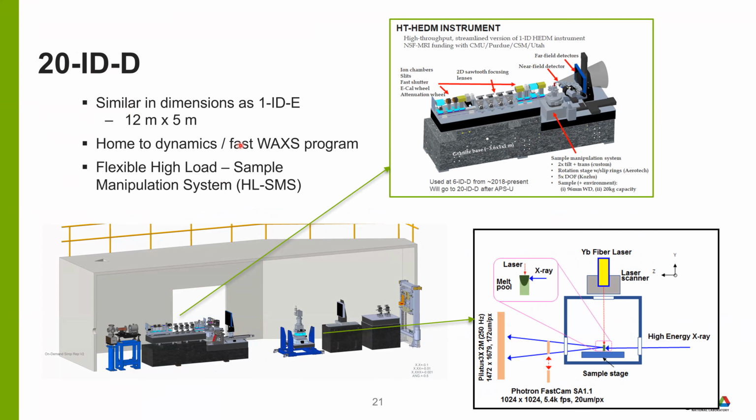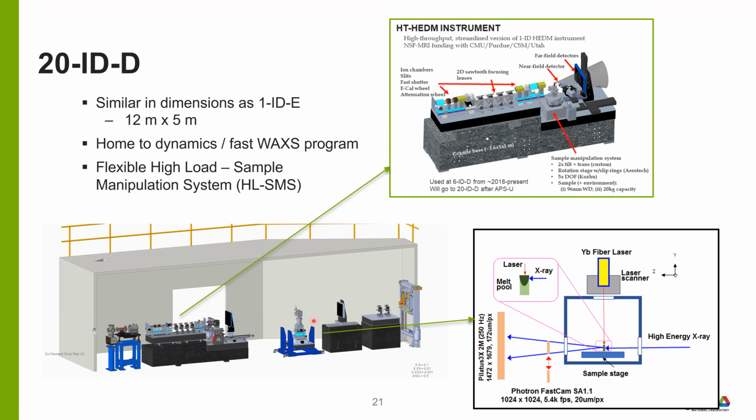It'll be home to 2 different programs. One is the high throughput HEDM instrument that is currently at the 6 IDD hutch. We'll be moving it to the front side of the hutch. That's what we are hoping.